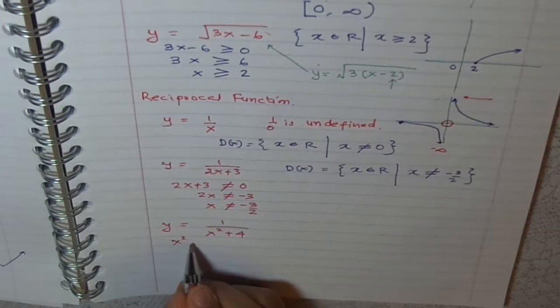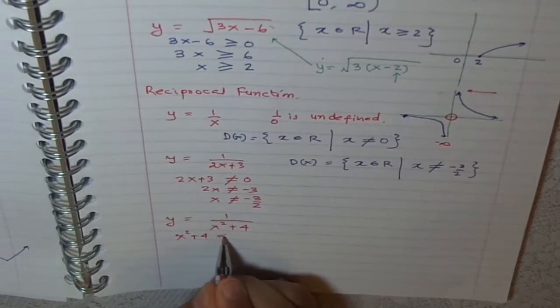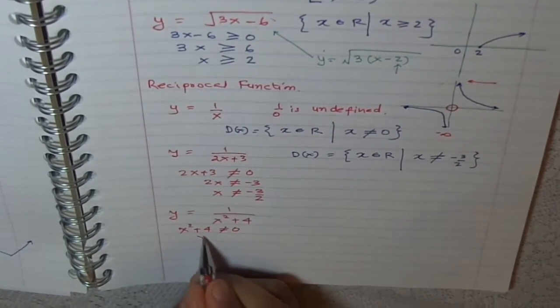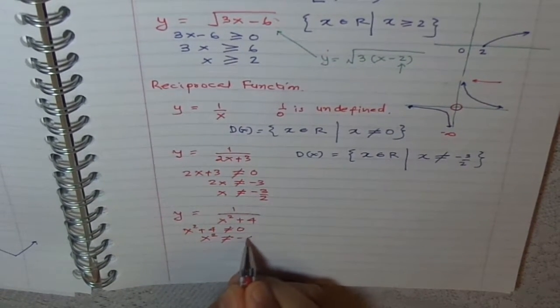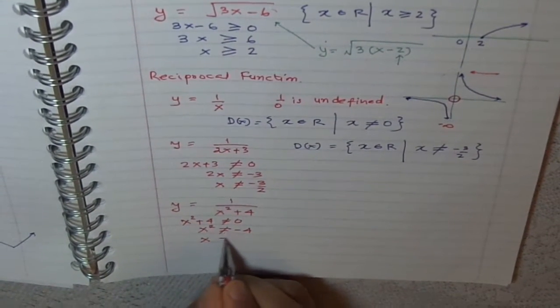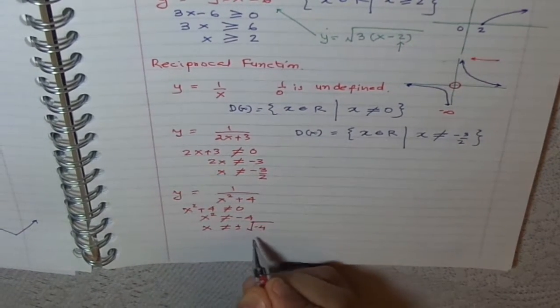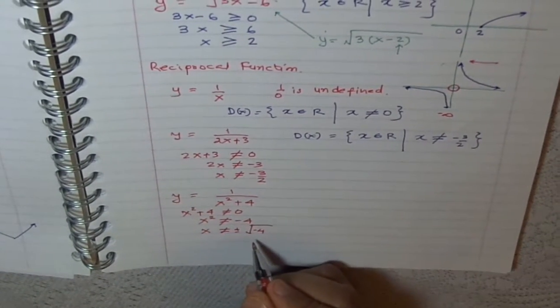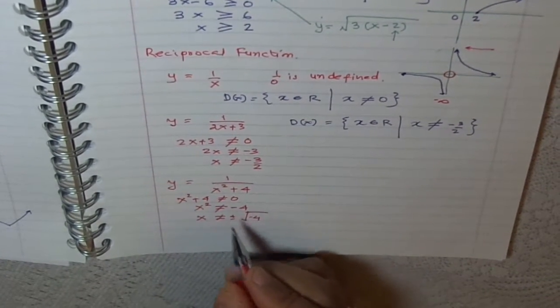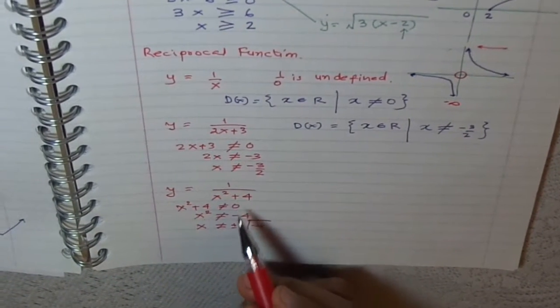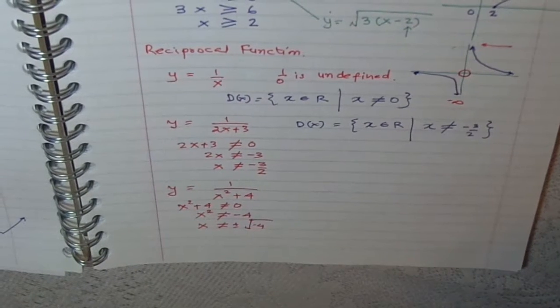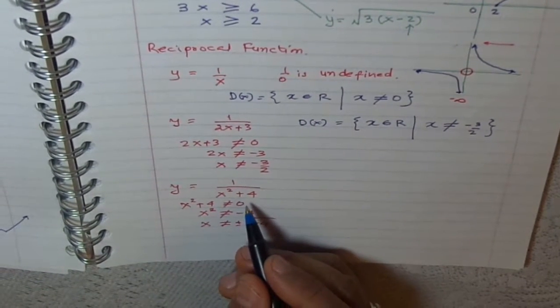We'll say x square plus 4 should not be equal to 0. That means x square should not be equal to minus 4, or x is not equal to plus minus square root of minus 4. Well, minus 4 inside a square root is not defined. So that means that the function is always positive and there are no restrictions on this function.